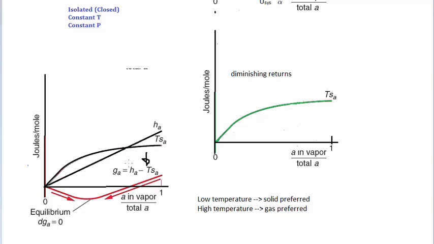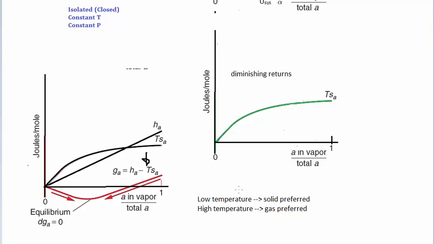Remember, if you want to be at chemical equilibrium between these guys, you want to minimize your free energy. What that means here is that if your entropy is less important, your enthalpy is more important. You want to minimize your enthalpy. What has a lower enthalpy, a solid or a gas? Well, a solid does. So if you're at low temperature, you'll see solid preference over vapor preference.